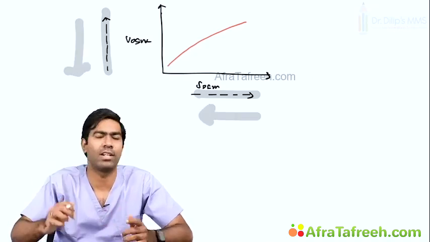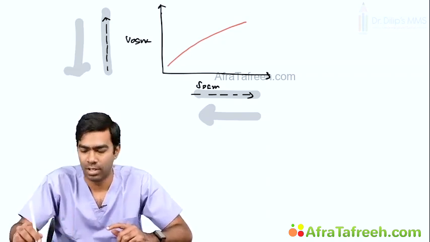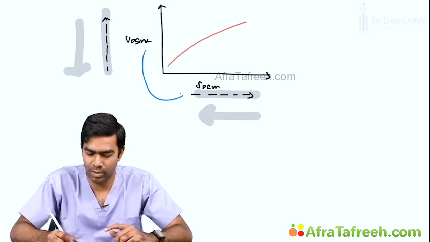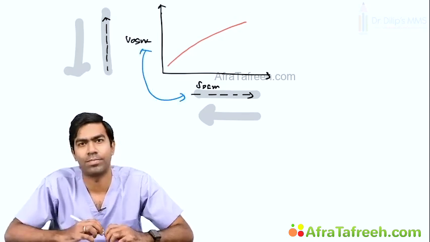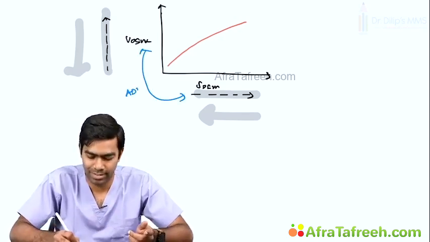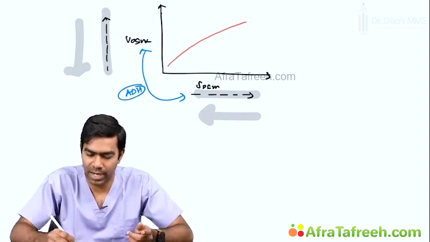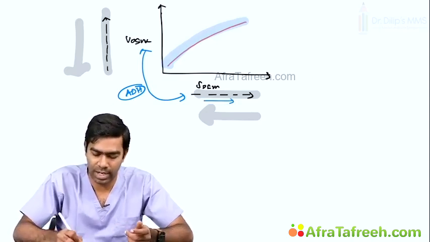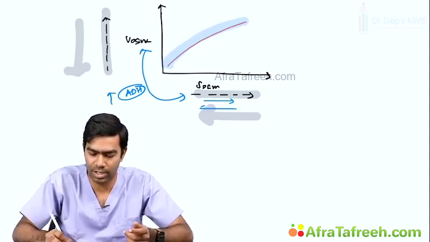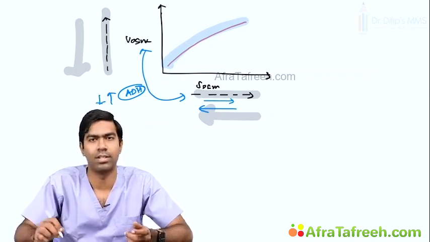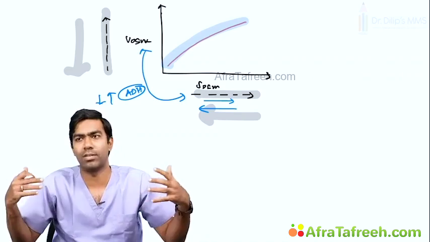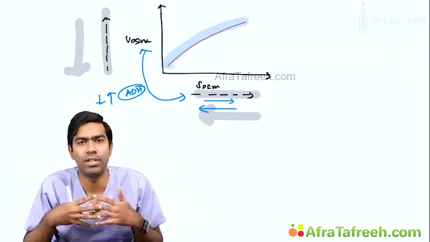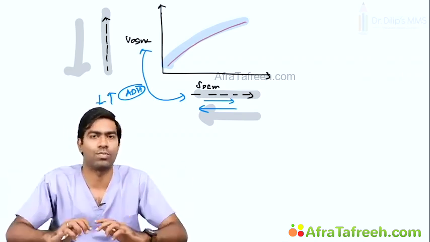So they have a linear kind of relationship. And who is coupling the urine osmolarity with the serum osmolarity? It's the ADH. ADH maintains this linear relationship, which means whenever serum osmolarity increases, ADH also increases, and whenever serum osmolarity decreases, ADH also decreases.